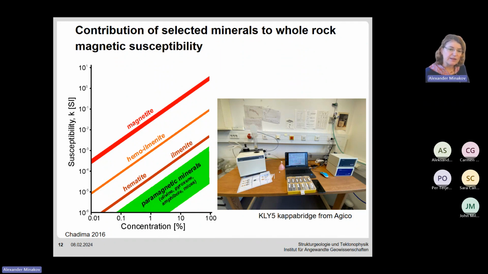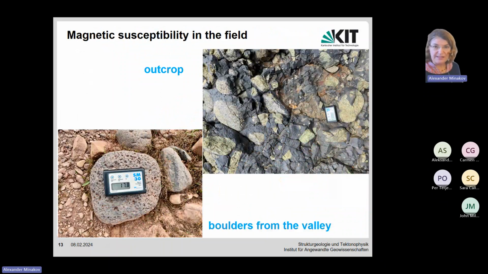But as you can see here, if you have only a little bit of magnetite or titanomagnetite, we have a much higher magnetic susceptibility than we would have with only paramagnetic minerals. And we can measure this magnetic susceptibility with a kappa bridge that is shown here. It's from our lab. We now have a new one, a KLY-5 kappa bridge from AGICO, and we have done our lab measurements with this instrument.